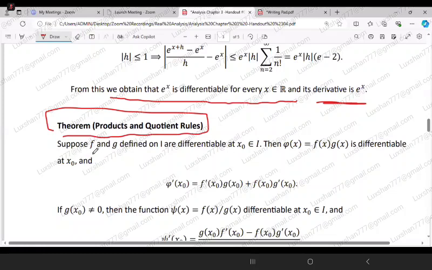So look at the condition. Suppose f and g are defined on I, where I is the domain, and are differentiable at x naught, a point in the domain. Then the function defined by pi x equal to f x into g x is differentiable at x naught.